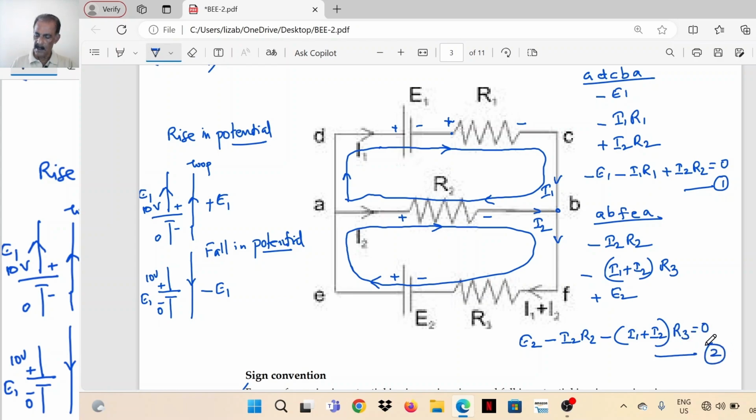This is the second equation. So we got two equations. We can solve these equations and find the values of I1 and I2. So I1 is the current through R1, I2 is the current through R2, I1 plus I2 is the current through R3. So we'll get currents in all the resistors or all the branches.